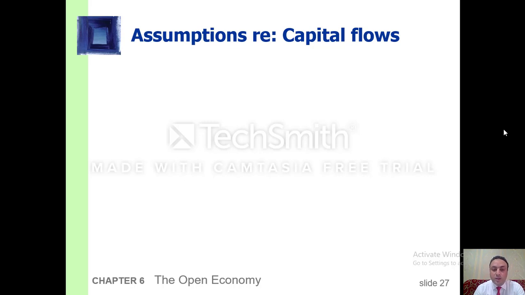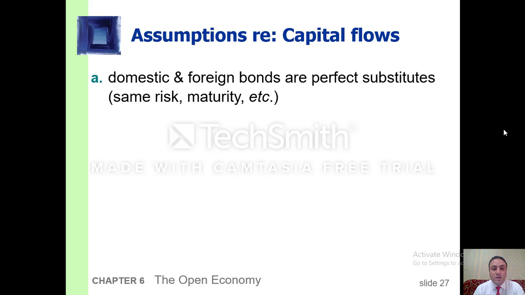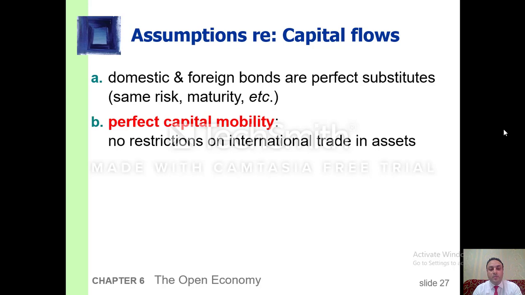So as in any model in macroeconomics, we have some assumptions. In this model, we assume that the domestic and the foreign bonds are perfect substitutes. Yani, there is no difference. Domestic bonds and foreign bonds have the same risk and the same maturity, and so on. Also, there is perfect capital mobility, and the capital can move inside or outside the country freely.